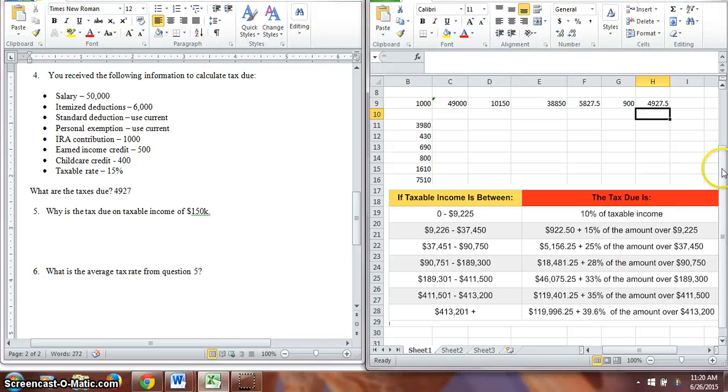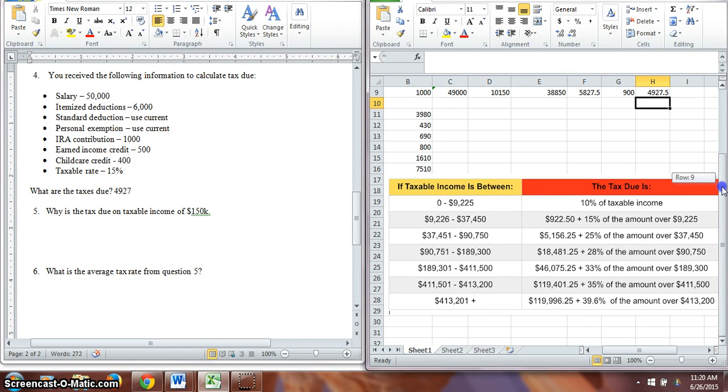The formula says that I take 150,000 and I subtract 90,750. So that's the first step. Take 150 and subtract 90,750. So that's 59,250.